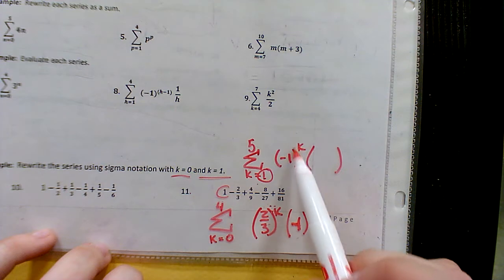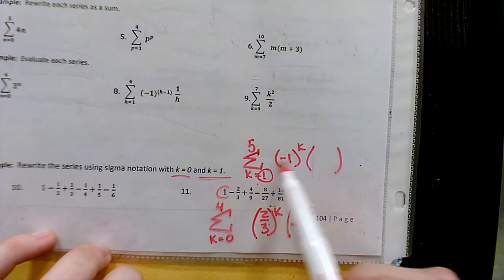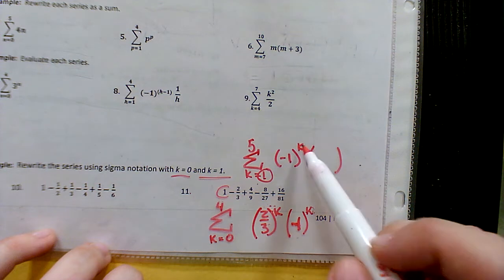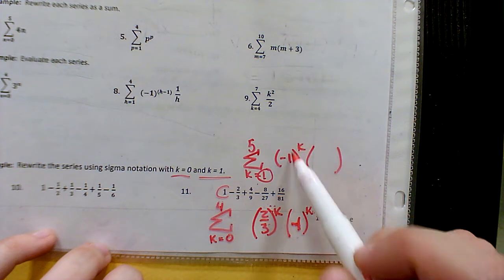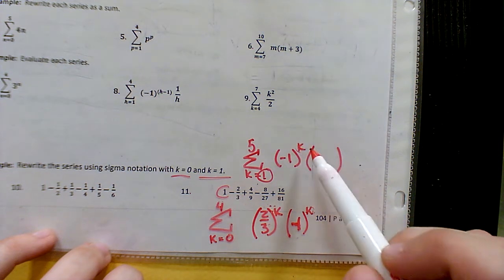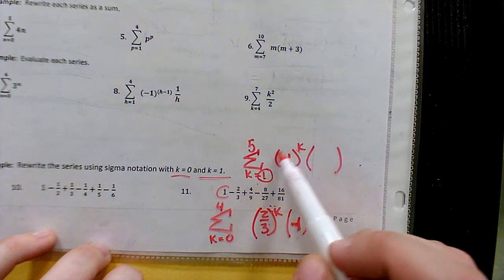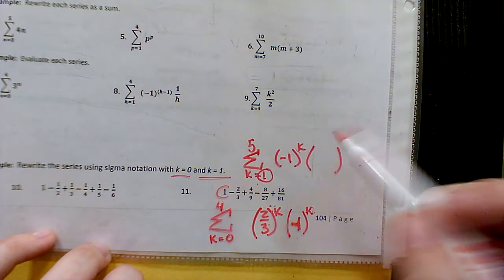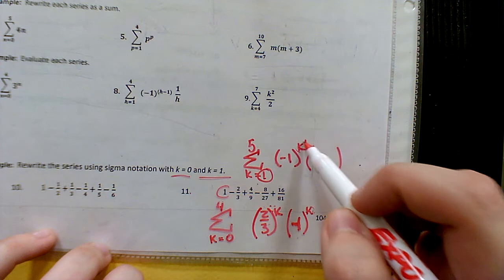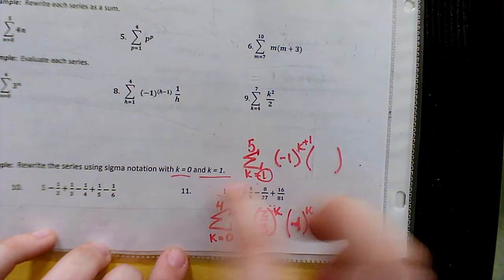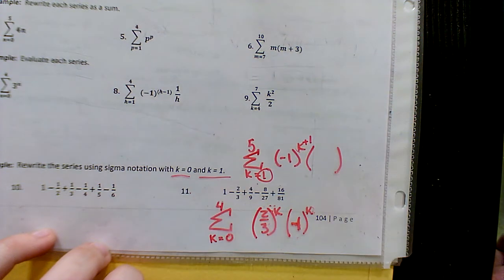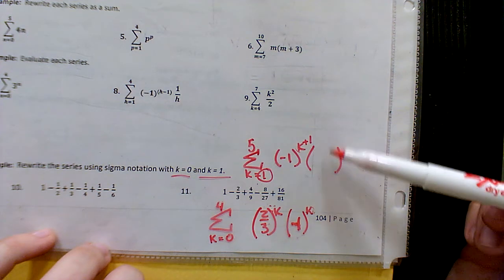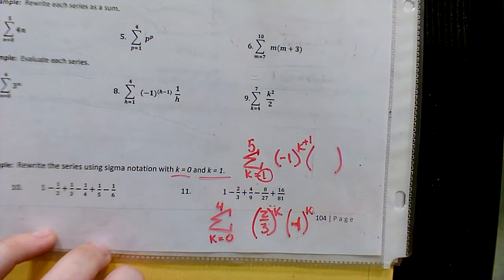And if we plug in 1 right here, that's going to leave this as a negative value, and we need it to be positive. So somehow if we plug in 1 here, we need to get this power to be 0 or 2. That way this ends up being a positive 1 in the end. So you can have minus 1, you can have plus 1. It doesn't really matter. So we know that power on k should be a little different than at least this one was. Any ideas what else we need here?